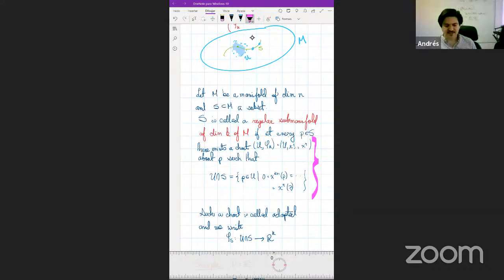the advantage, and maybe something that was very hard at the beginning, that an atlas contains every possible chart. So remember that M is a manifold, so we have a fixed maximal atlas, and the maximal atlas contains every compatible chart, right?